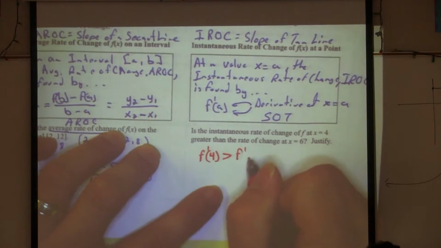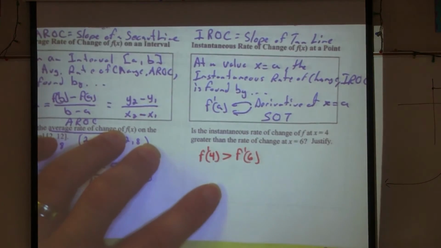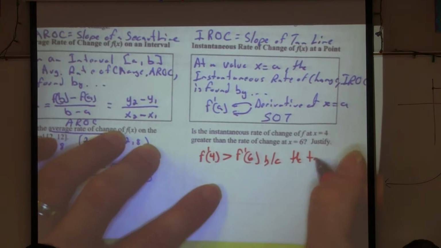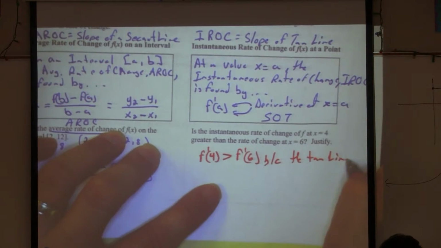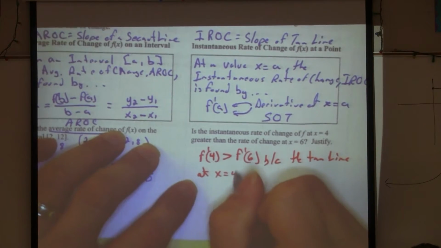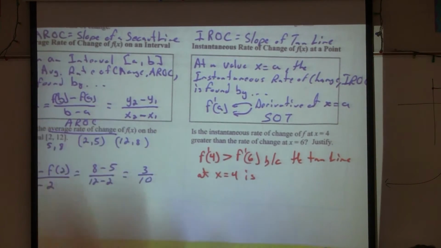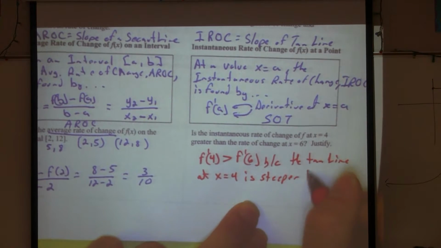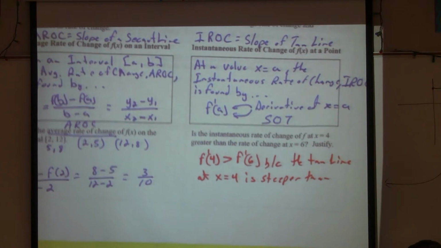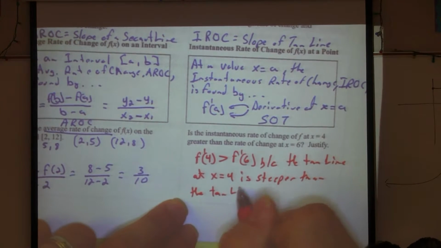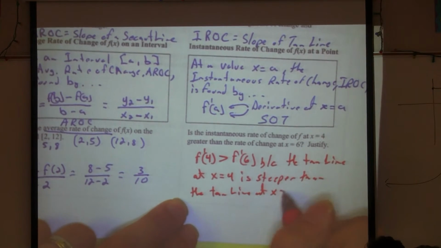Greater than f prime at 6, because the tan line at x equals 4 is what? Steeper than the tan line at x equals what?